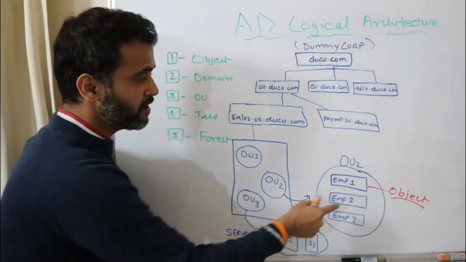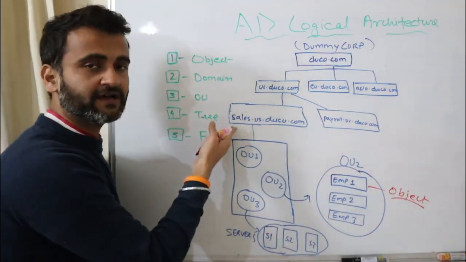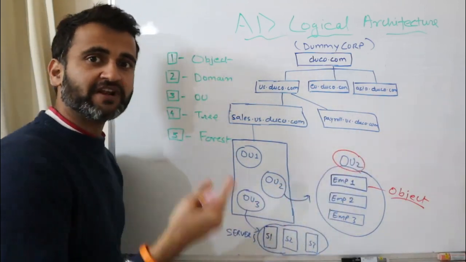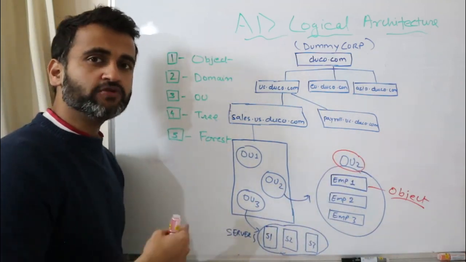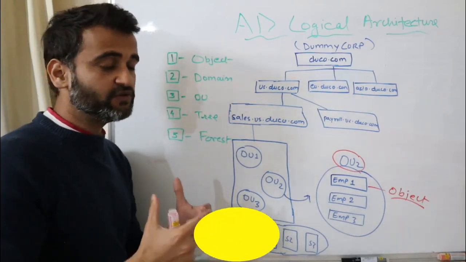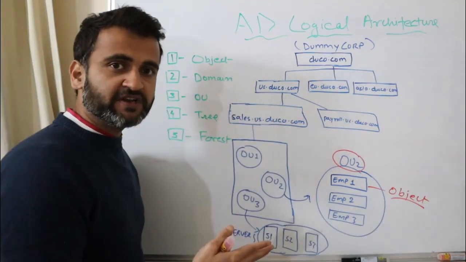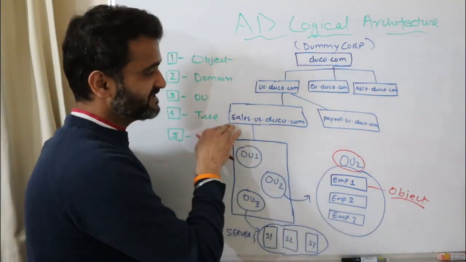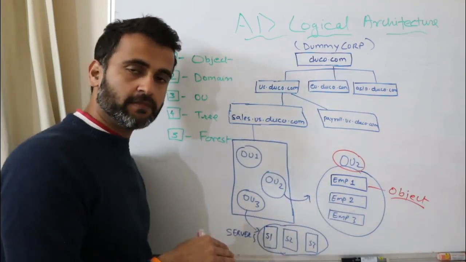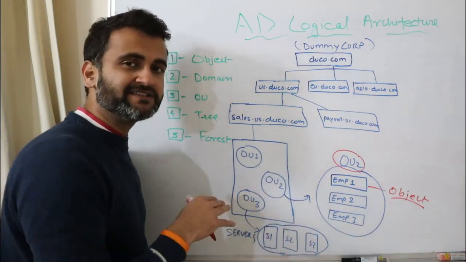To organize different employees, suppose hundreds of employees are joining the sales department, you will create an OU, an organizational unit. An organizational unit is created to organize them. It's not a group in those terms, but it helps administrators organize. Suppose an administrator wants to assign sales file directory access to all the 100 employees joining the sales team.